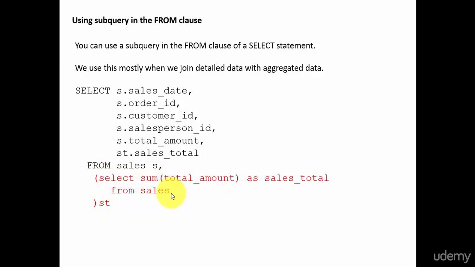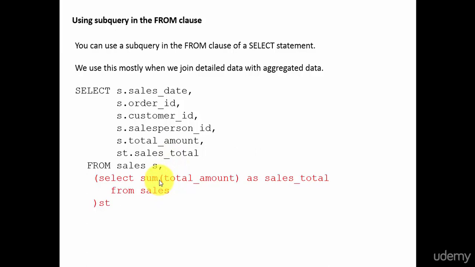That means I'm summing up the entire total amount and calling it sales total. And that aggregated value I want to display for each row in the sales table. You see how I combined my detailed data with the aggregated data, which is sales total.